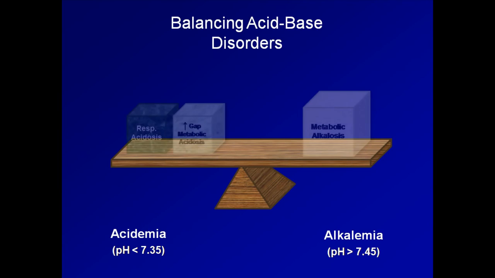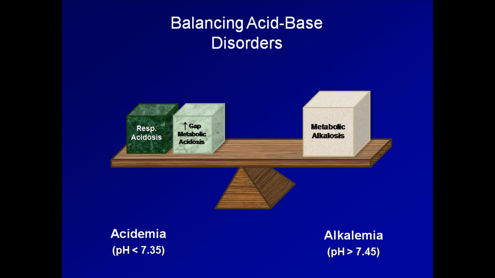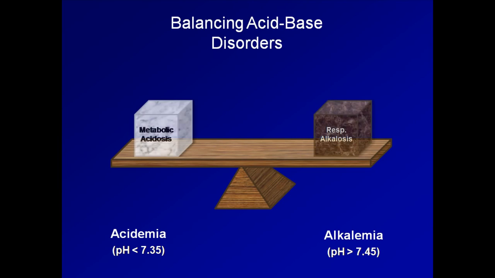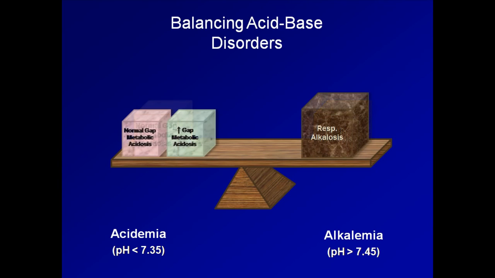Next, a small respiratory acidosis and a small elevated gap metabolic acidosis, which together balance a large metabolic alkalosis. A metabolic acidosis and a similar sized respiratory alkalosis. The metabolic acidosis can be an elevated gap, a normal gap, or even smaller versions of both together.